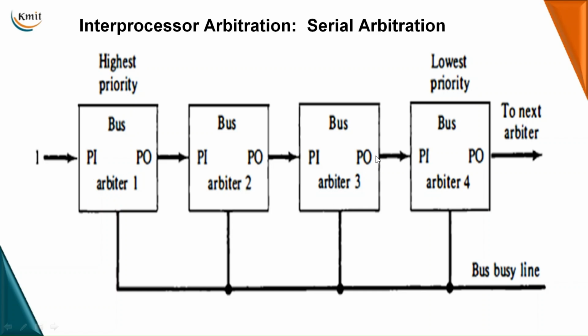There is also a propagation delay due to the serial granting of the bus. Because the granting is done in serial order, there will be a delay in propagation. Say, for example, arbiter 4 requests the bus; this signal has to go through all these arbiters in order to give the bus grant. So there is a delay in accessing the bus or getting a grant of the bus.